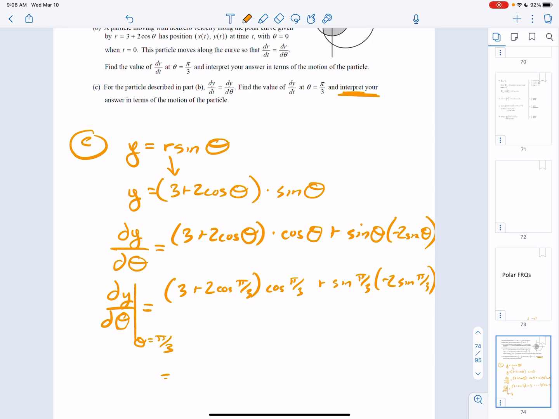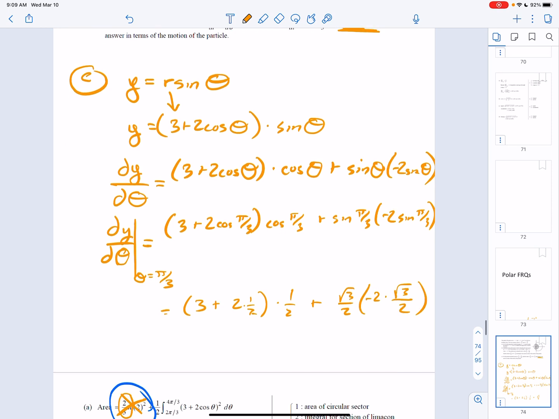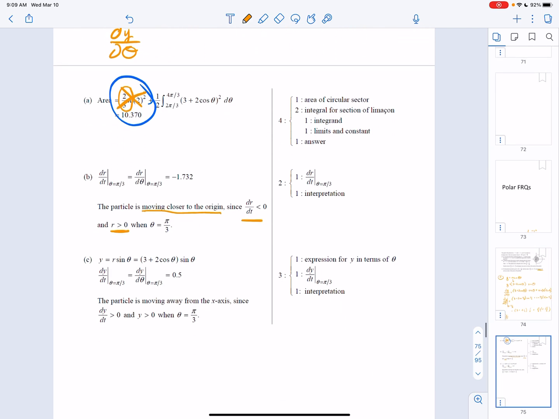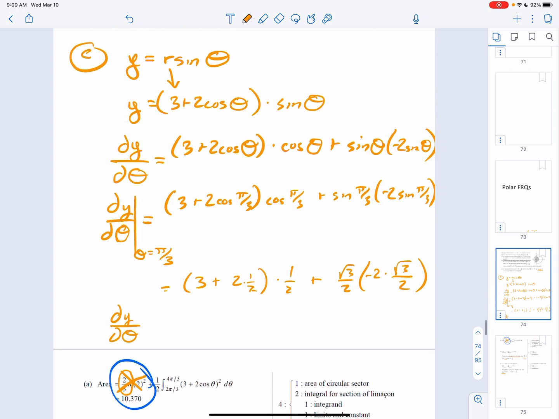Cosine of π/3 is 1/2. So that's 3 plus 2 times 1/2, times 1/2, plus rad 3 over 2 times negative 2 times rad 3 over 2. You know what? Now that I'm looking at this, I would definitely use a calculator here, okay? I'm going to go ahead and cheat a little bit just to see what the sign comes out to. So dy/dθ comes out positive.